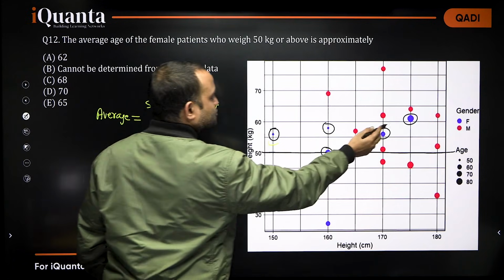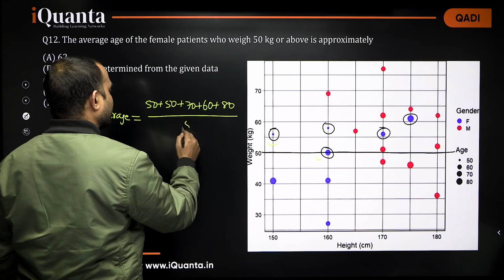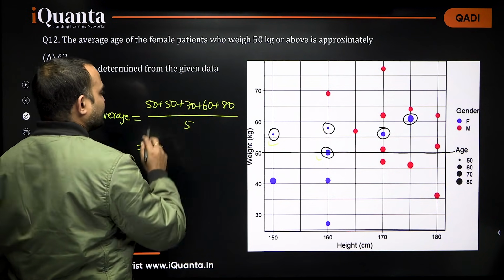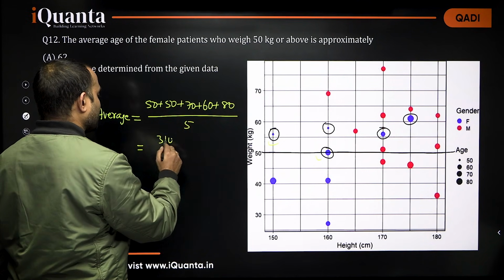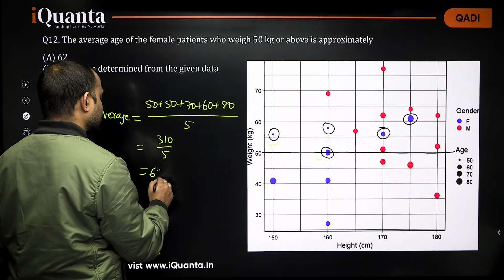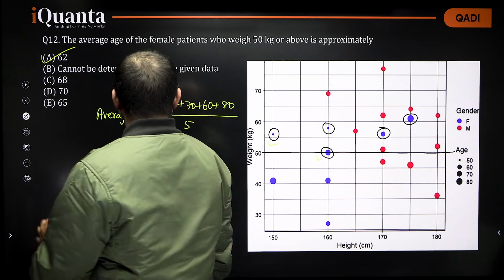And the last one is the highest, which is 80, divided by 5. This will be 100, 170 plus 140, 310 upon 5, which is equal to 62. That's the average we are looking for, which is option A.